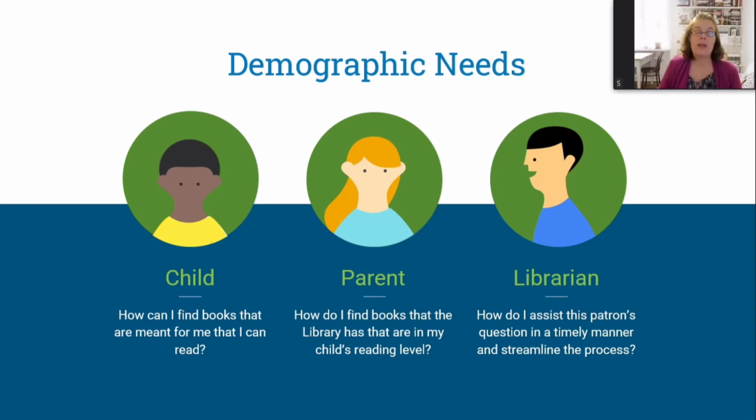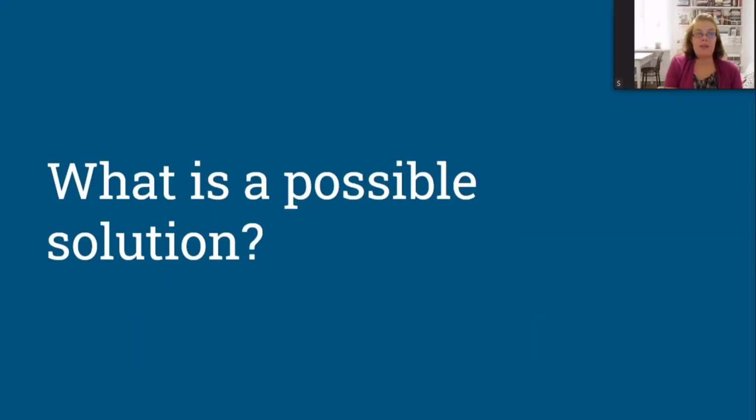So we want to be able to find the information for the patrons in a timely manner and streamline the process while doing this. So this is why this API, I believe, is going to be very beneficial to the libraries, and that's the possible solution we're going to talk about.